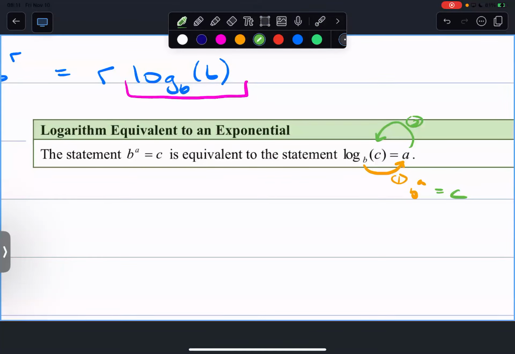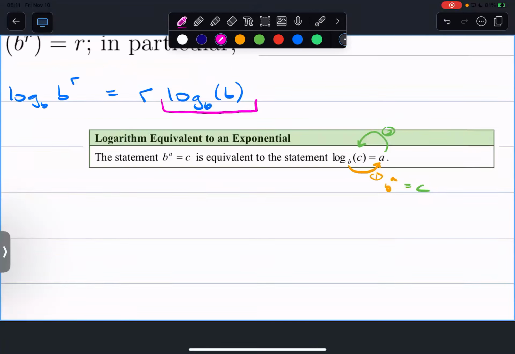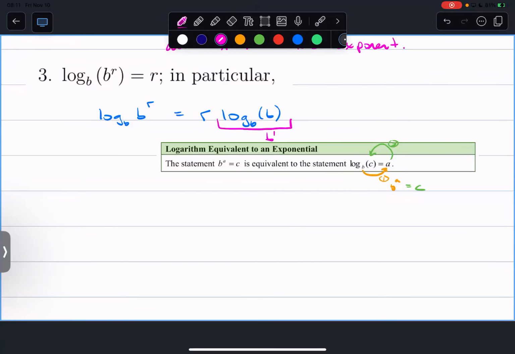Kind of b to the power of a is equal to c. Now going back here, b to the power of what is equal to b? b to the power of 1 is equal to b, therefore log base b of b is equal to 1. And that's just a fact, and it's on your formula sheet.